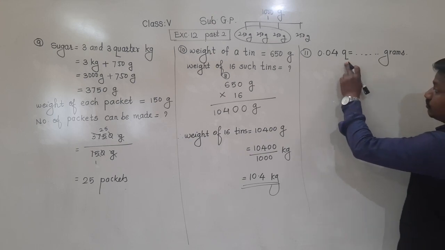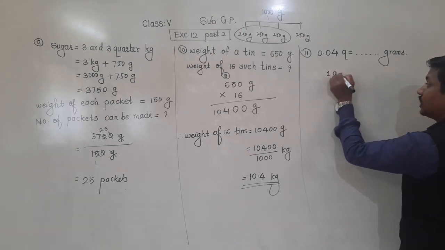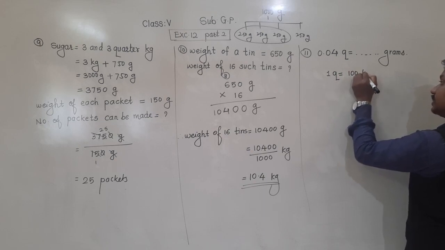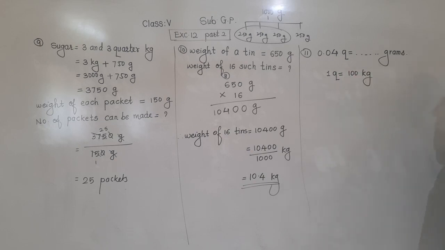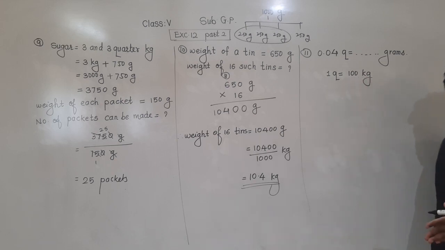But here we need to understand the steps. We know that 1 quintal is equal to 100 kg, and 1 kg means 1000 gram, right?